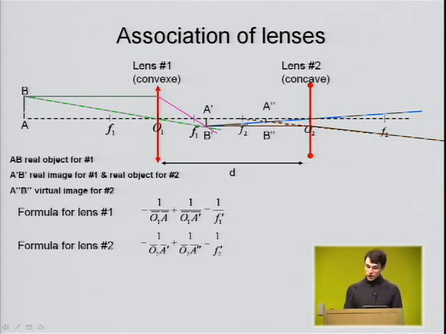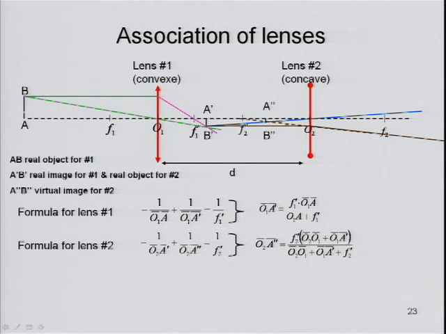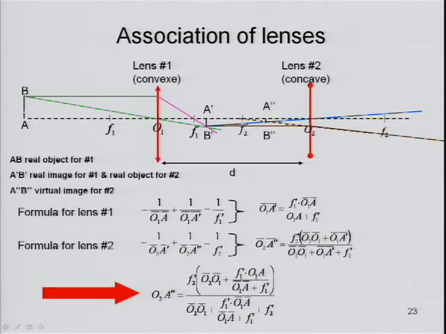Let's say I want to know where A prime prime, B prime prime is located on the optical axis, so I want to know the distance O2A prime prime. I can express the distance O2A prime prime as a function of O1A prime.